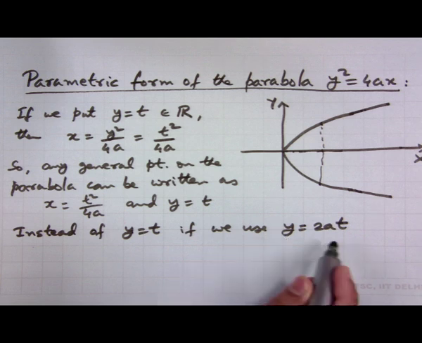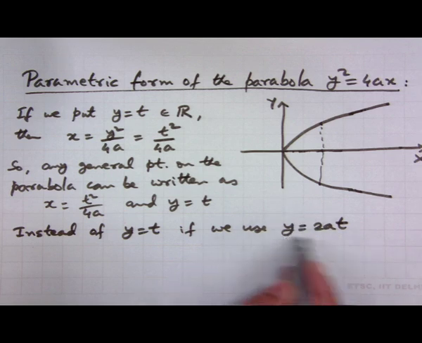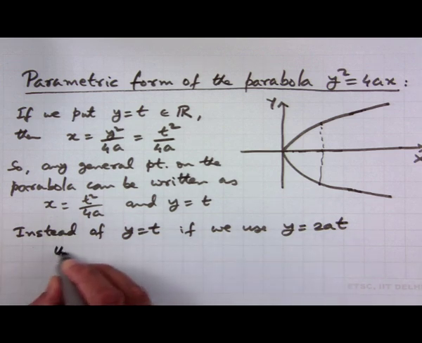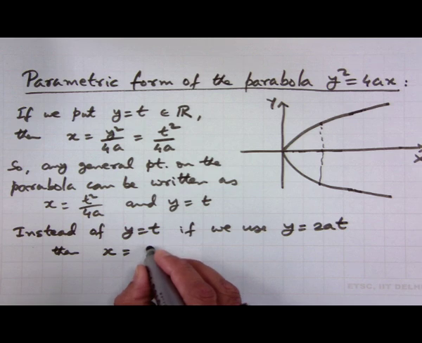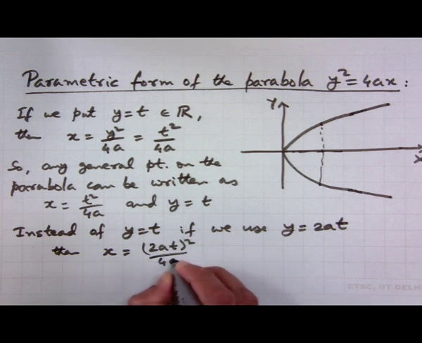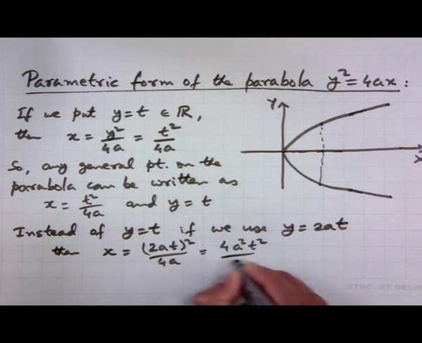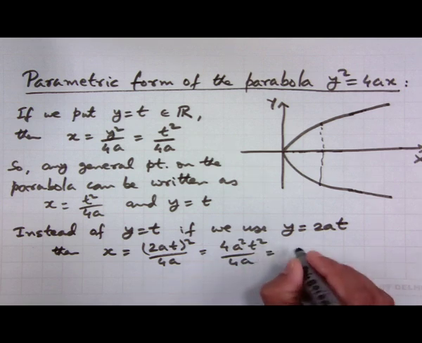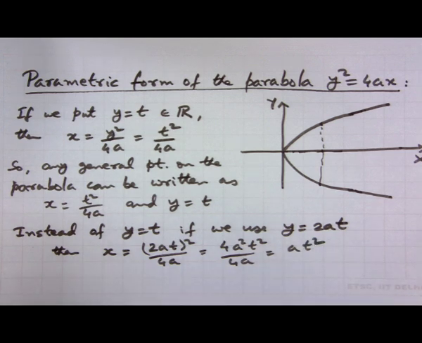Again as t goes from minus infinity to infinity, y is also from minus infinity to infinity. Then x will be equal to y square by 4 a, that is 2 a t whole square by 4 a, which is 4 a square t square by 4 a, which is a times t square.